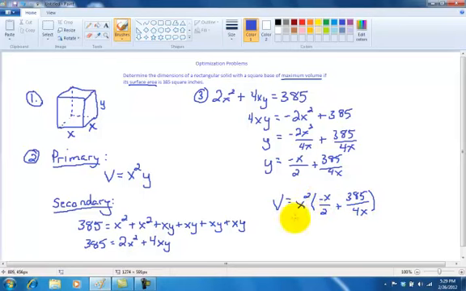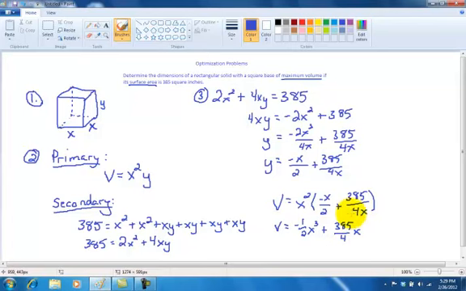Distribute. I get volume equals negative 1/2 x cubed plus 385 over 4x. I'm just writing it like that to make it a little bit easier for myself.